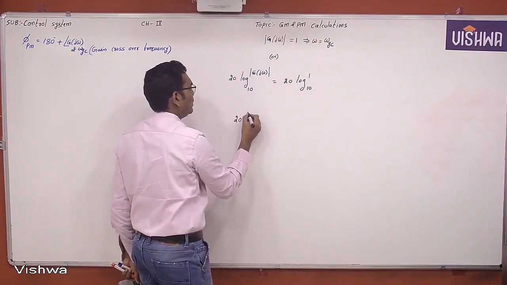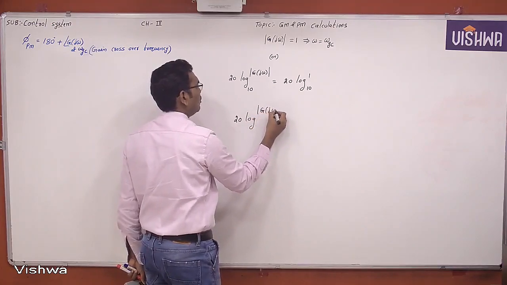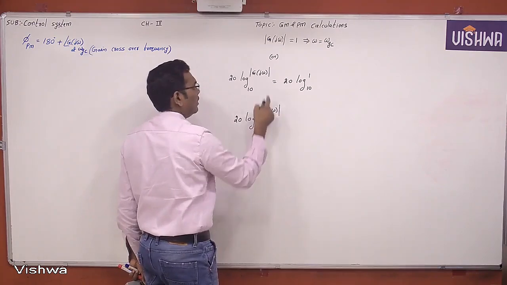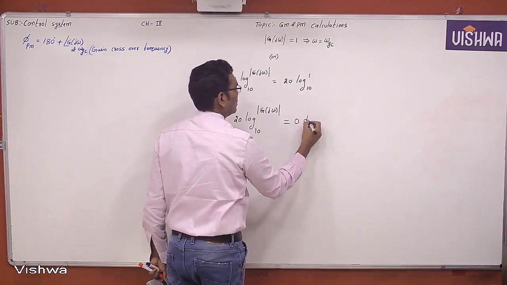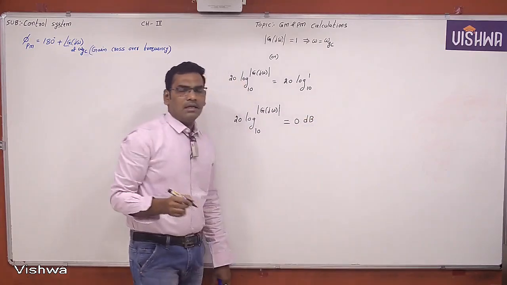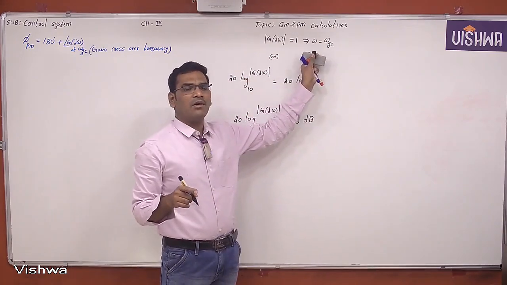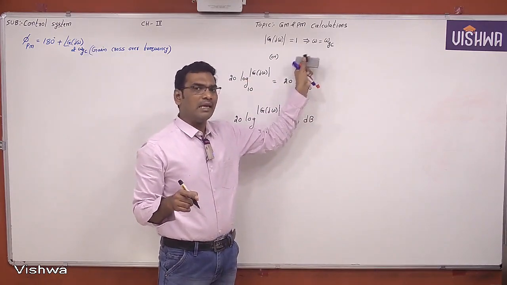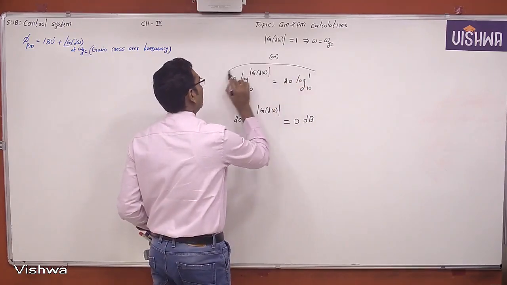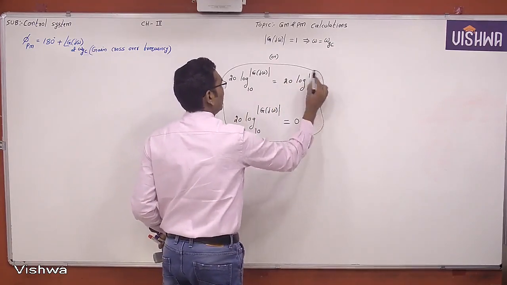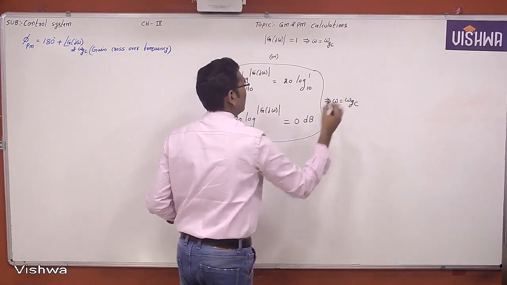Therefore, the magnitude in terms of dB is equal to 0 dB. If the magnitude is exactly equal to 1, or if the magnitude in terms of dB is equal to 0 dB, then that particular frequency is called the gain crossover frequency.